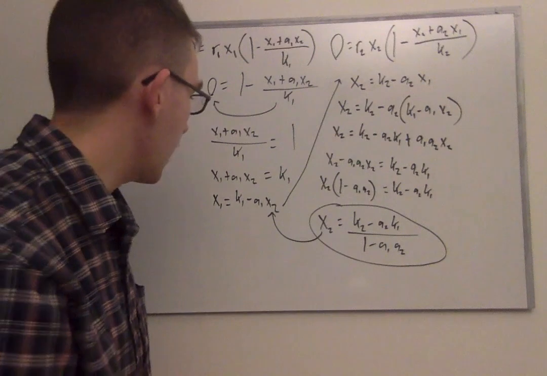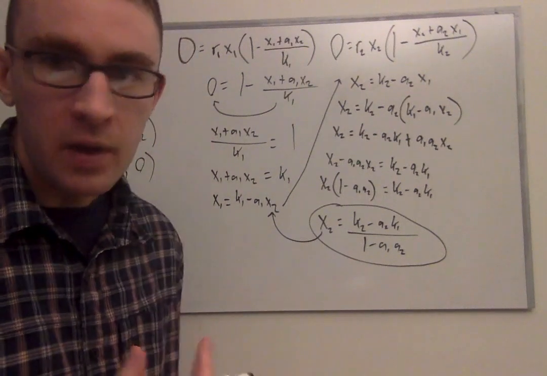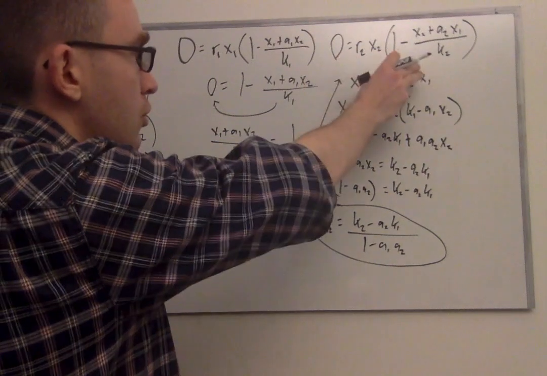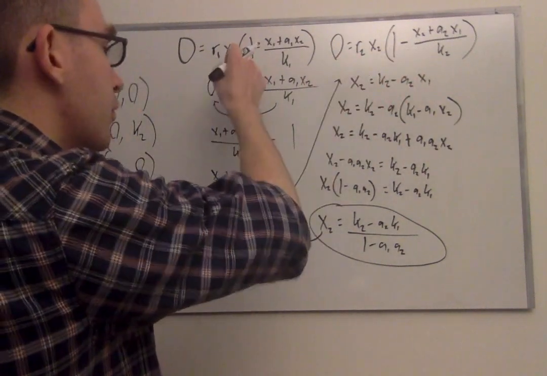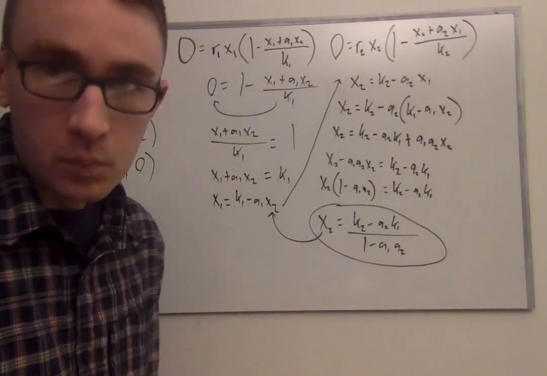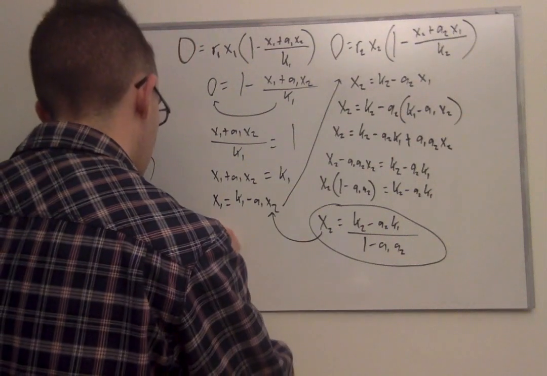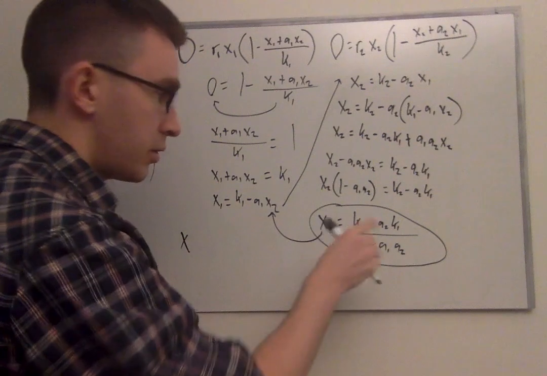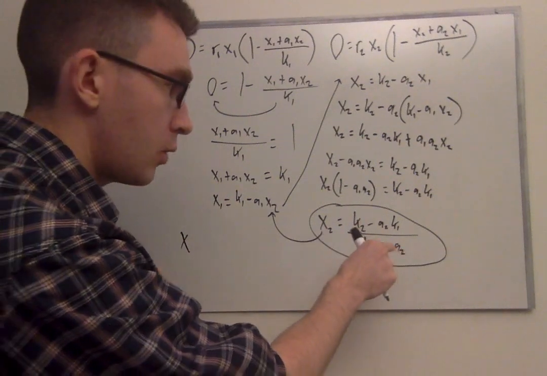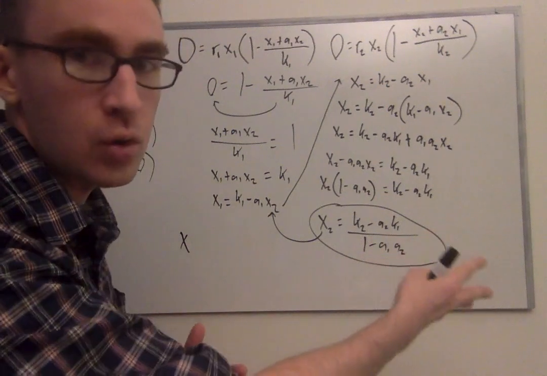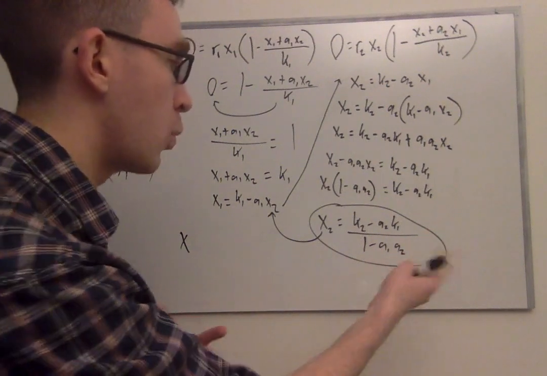So I'm going to ask you to take my word for it, since, like we said, it's symmetrical: the equation for x2 is just a mirror image of the equation for x1. The solution you will get for x1 is basically this, but with all the parameters for x1 rather than x2.